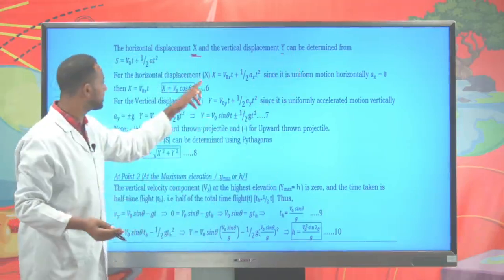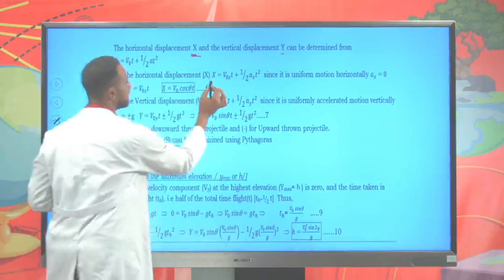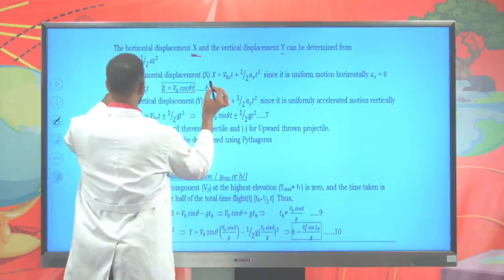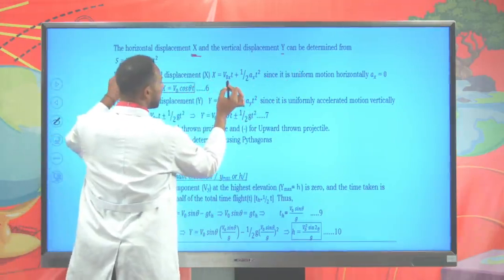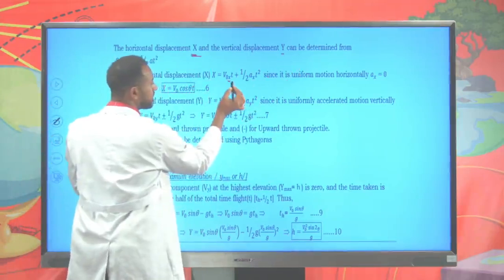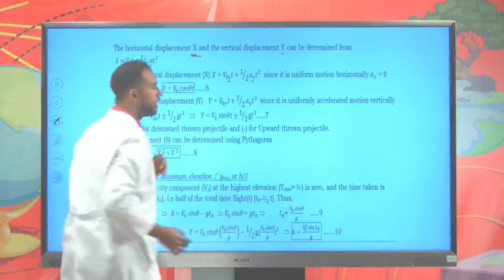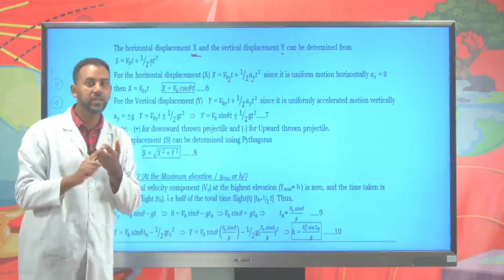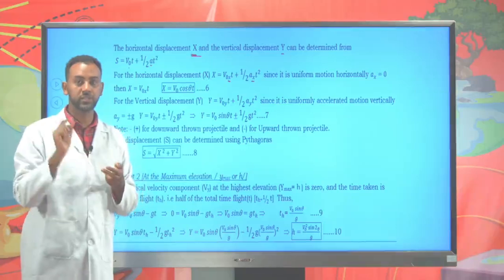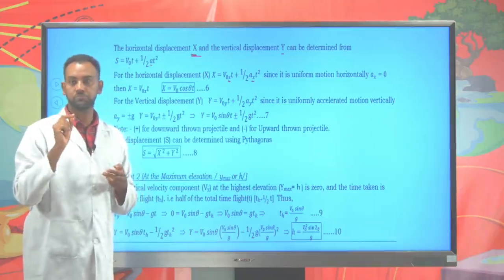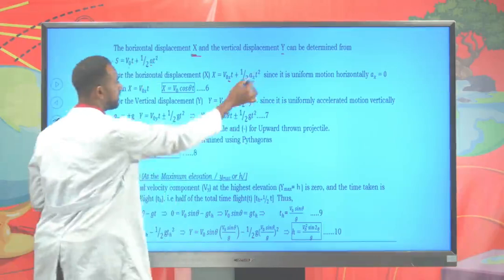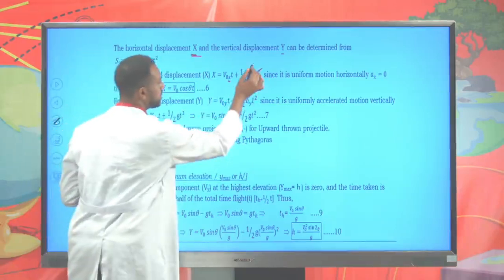Therefore, the horizontal displacement can be rewritten as, instead of s, we use x. Instead of initial velocity, along the horizontal, v naught x t, plus half the horizontal acceleration a x t squared. But we have said that the horizontal acceleration is 0 for projectile motion. So this is 0.